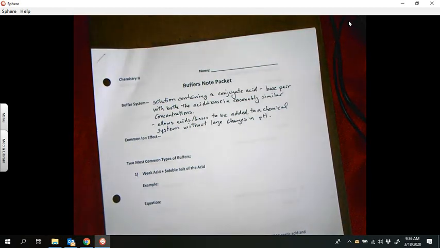And it relies on something called the common ion effect. A common ion means that whenever an H or an OH is donated or accepted, something is going to be added that has a similar or the same ion as what is left over as the conjugate acid or conjugate base.